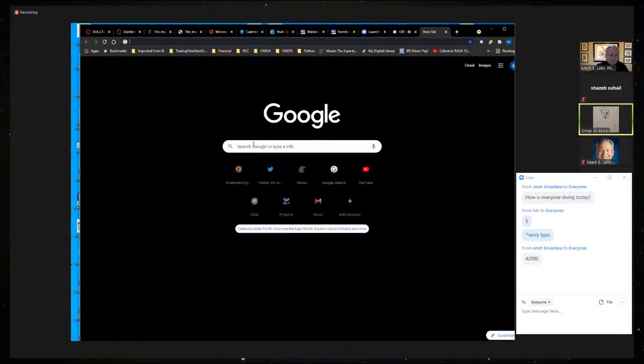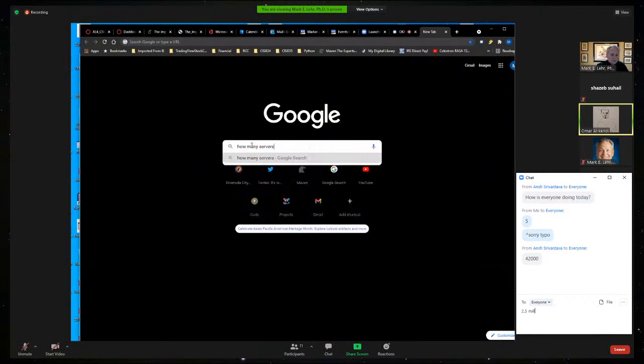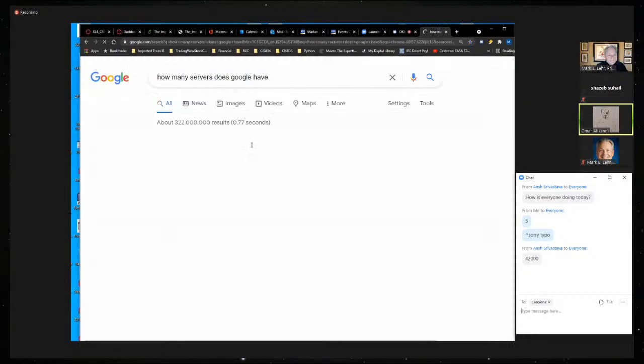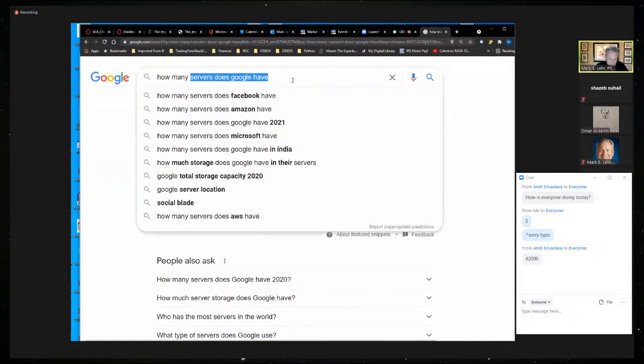So let's see here. How many servers does Google have? Oh boy. Okay. 2.5 million. And I wonder how many data centers that is in. How many data centers?